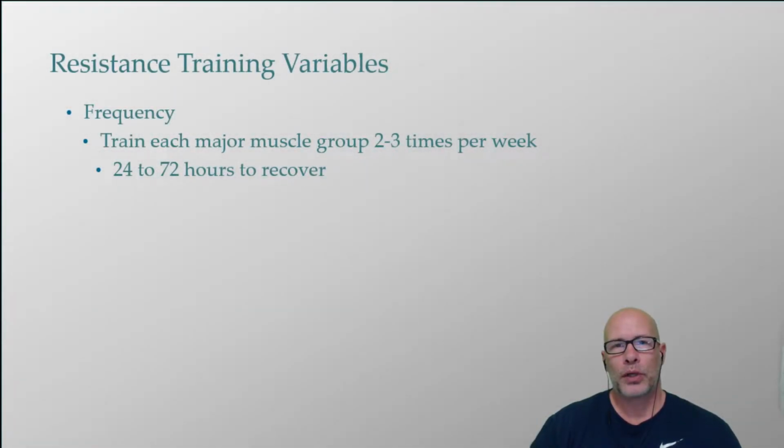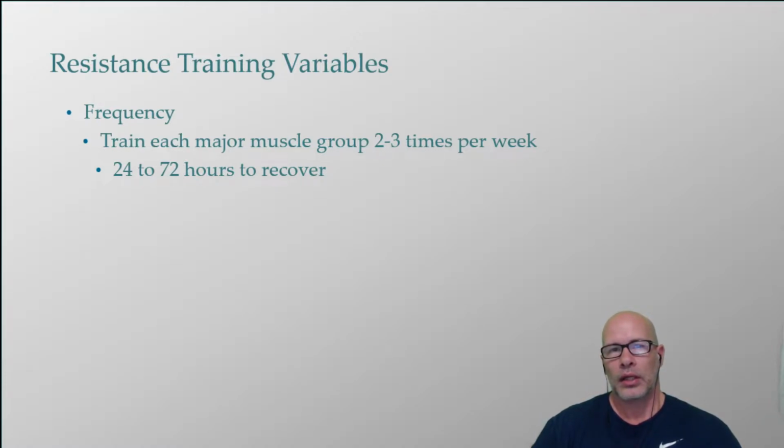All right, so now we'll start breaking down the different variables involved in designing a resistance training program. First up is frequency. The governing body guidelines are to train every major muscle group in your body 2 to 3 times a week. It takes about 24 to 72 hours for a muscle group to recover from a resistance training session. What's going to determine how long it takes primarily is how high the volume is, how high the intensity of a workout is, and also where you lie on a fitness level.